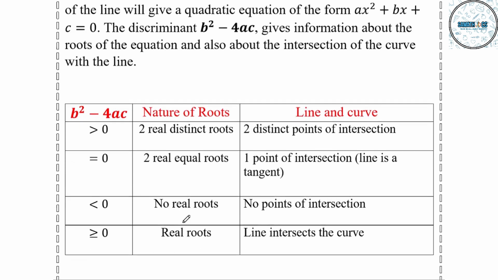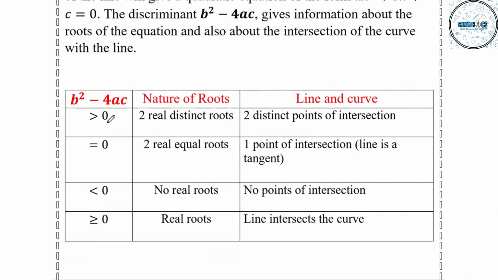So we can see here, when b square minus 4ac is greater than 0, the roots are real and distinct, and the line intersects the curve at two distinct points. When b square minus 4ac is equal to 0, there are two equal roots and the line intersects the curve at one point, or we can say the line is tangent to the curve.